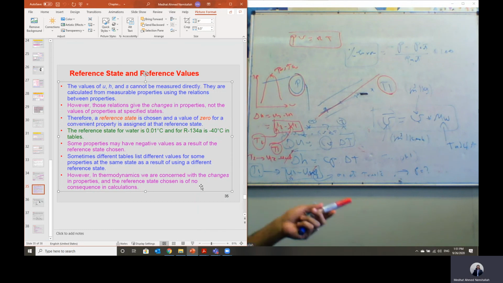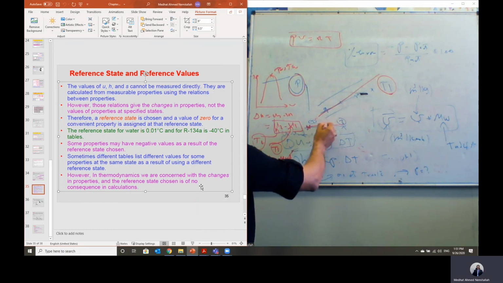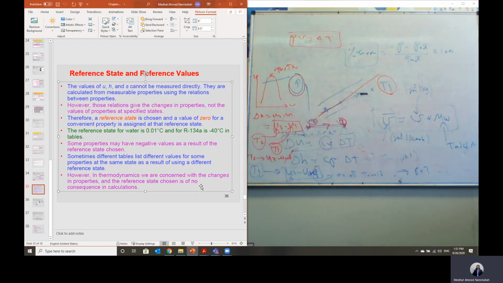In thermodynamics, we don't care about a system at a given state. What we need from a thermodynamic system is to generate either heat or work. So we cannot generate heat or work unless we have a process change from the system from initial state to a final state. We said in our analysis of heat and work that heat and work are process functions.